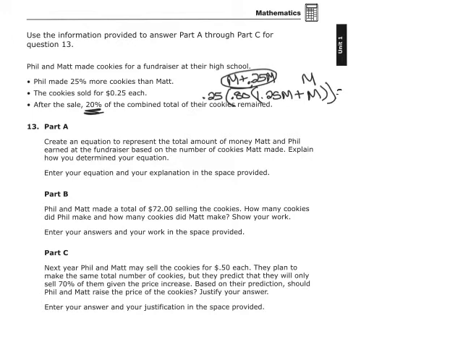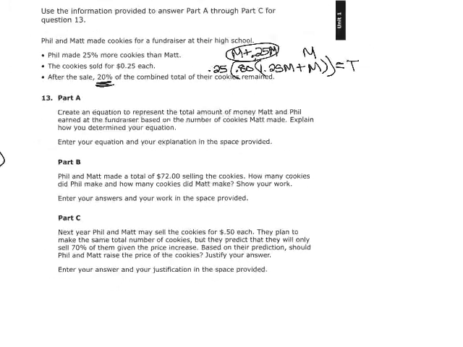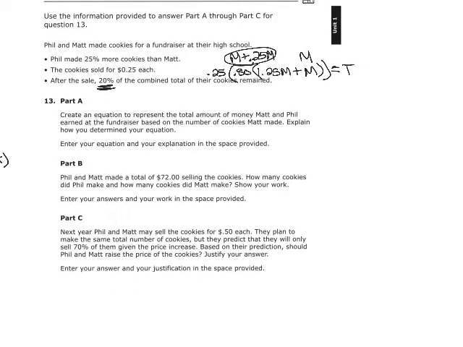So you can set this all equal to T, or whatever letter makes you feel better, for the total money earned. Now this was part A. Enter your equation and your explanation in the space provided.